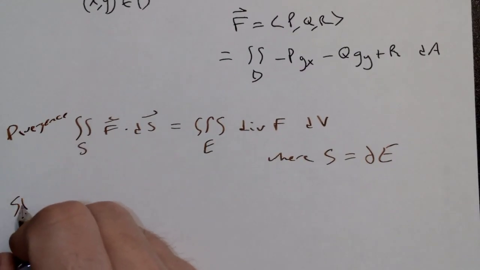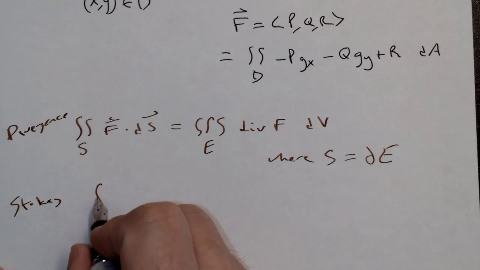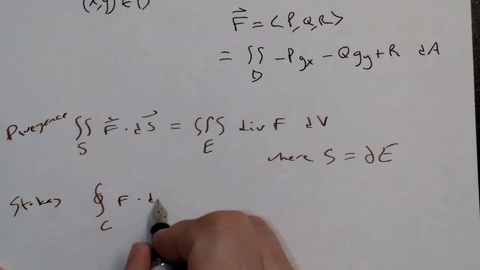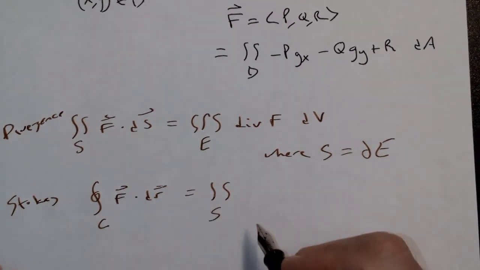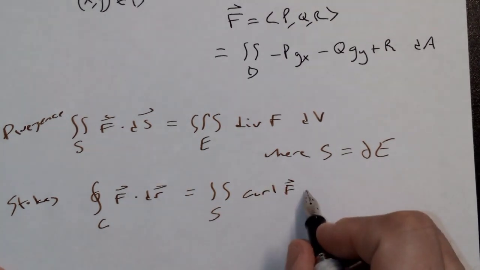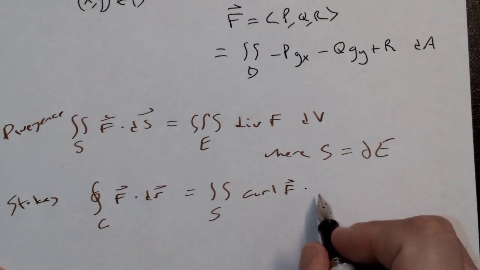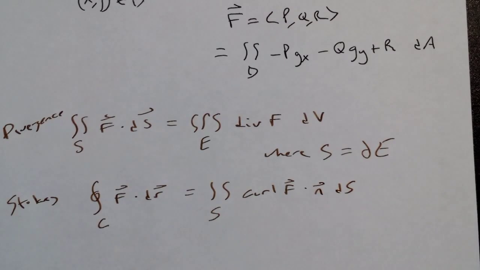And then Stokes says that the integral around a curve of F dot dr is the same as the integral on the surface of curl of F dot N dS, which is a flux integral, but it's not the flux of the vector field, it's the flux of the curl.